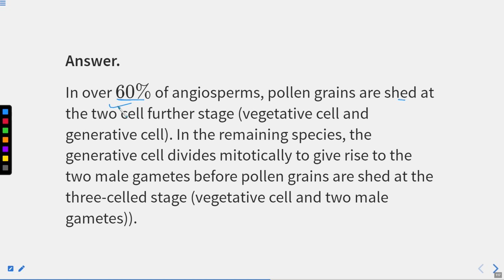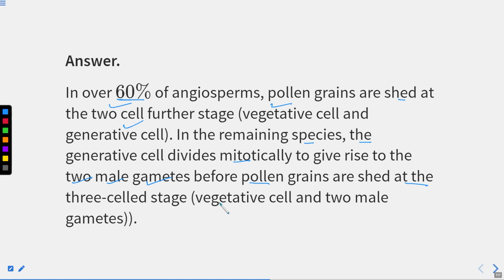What are the 2 cells present within the pollen? First is the vegetative cell and second is the generative cell. This also we have already discussed. Now in the remaining species, the generative cell divides mitotically to give rise to 2 male gametes before pollen grains are shed, at the 3-cell stage.